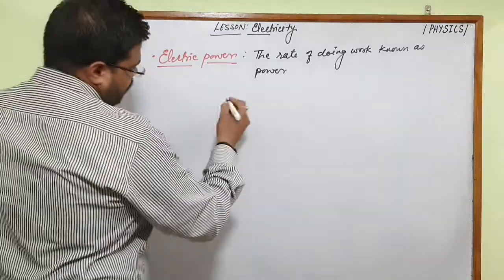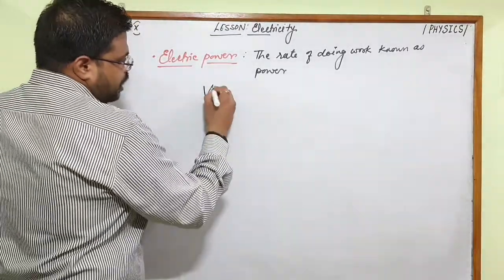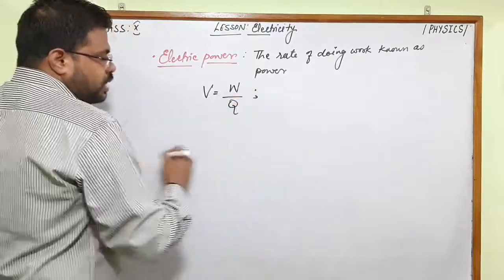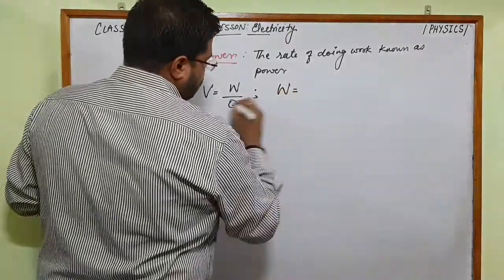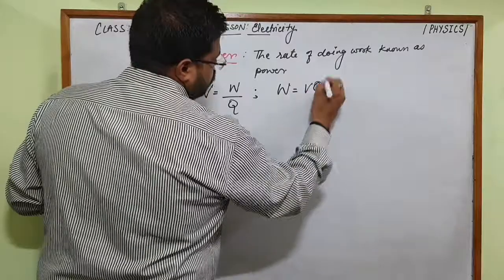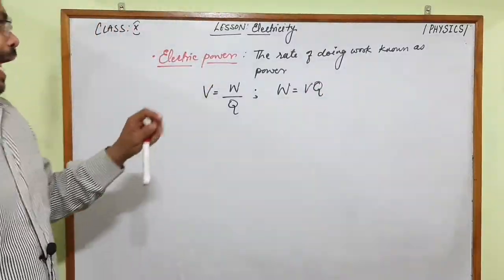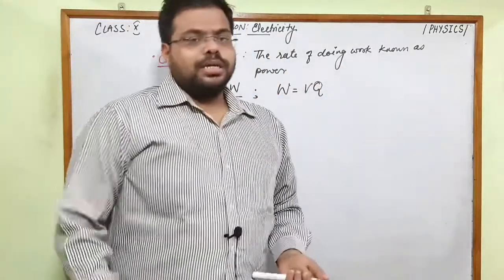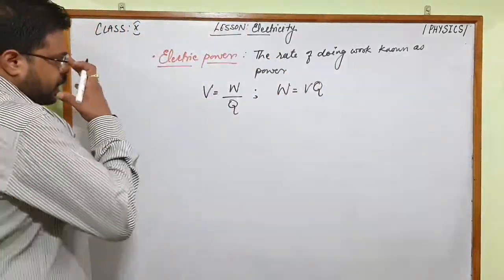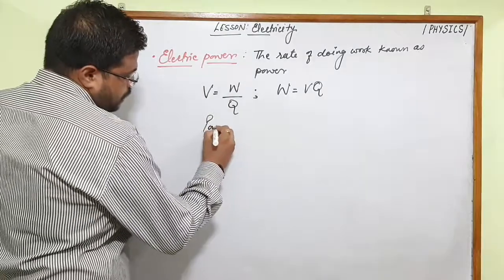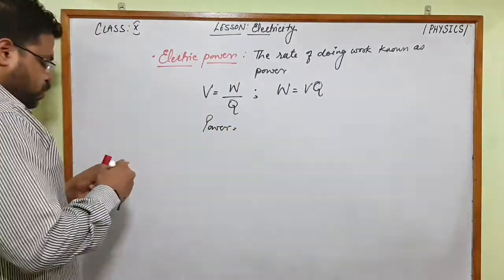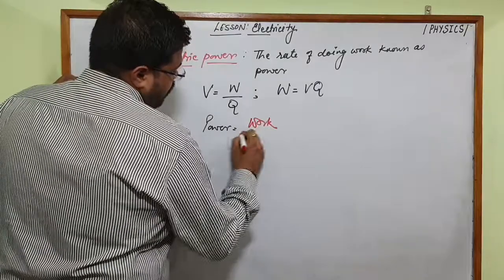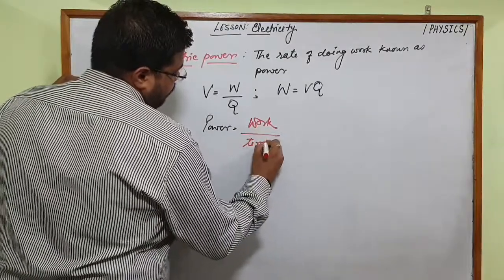So we know that the electric potential is work done upon charge, so we can write the work done over the charge as VQ. And as per the definition, the rate of doing work is power. So power will be equal to work upon time.